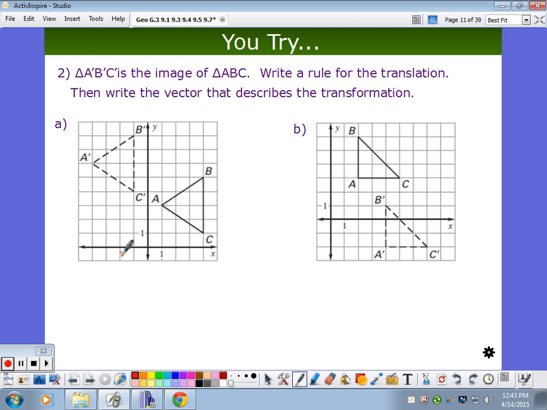Or do we figure out what they are? How do you do it? So when I look for A prime, I go, how many over? 1, 2, 3, 4, 5. And then I went up, and up is positive. So you either wrote it like that, or you can say this. You really do it where it's like, well, I know what this coordinate is. This one is 1, 3, right?